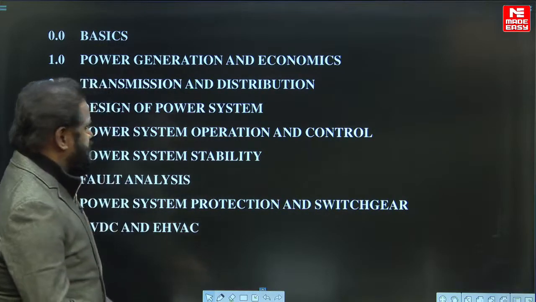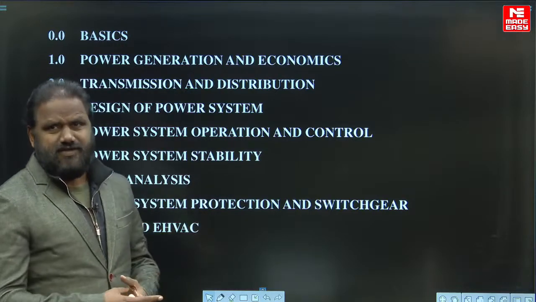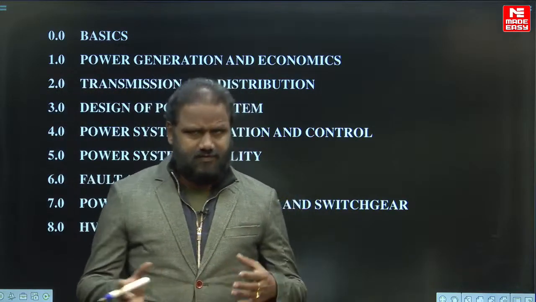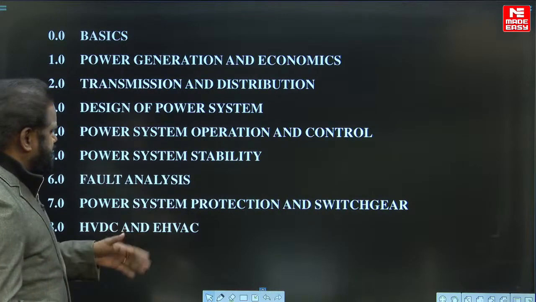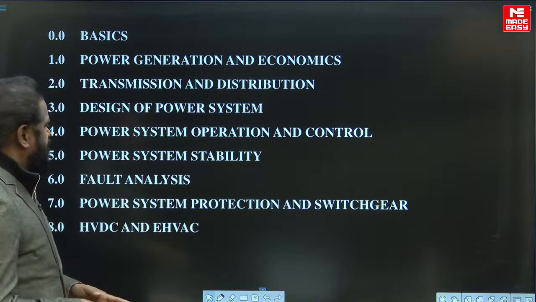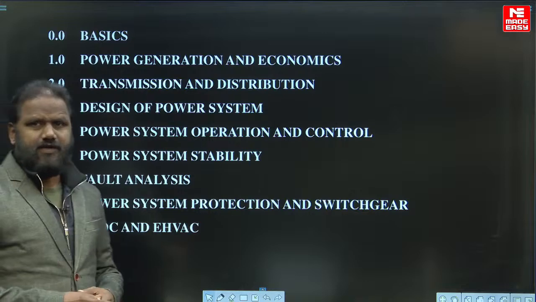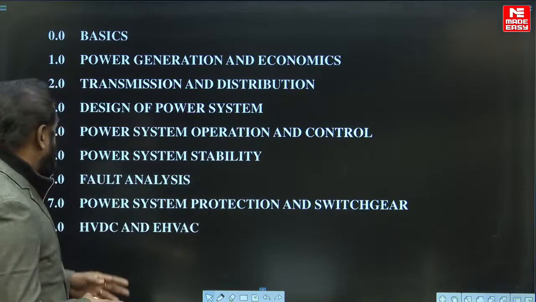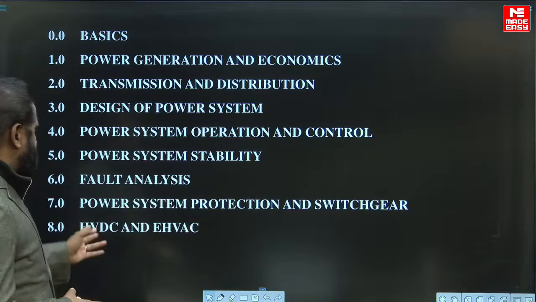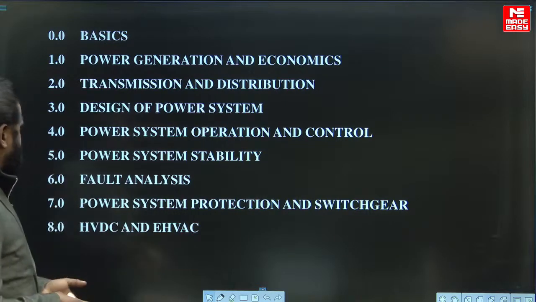Then power system operation and control. After the design is over, the next activity is the operation, and then the control. Then stable operation is required, and the fault analysis you make is to design the protection equipment. Then power system protection and switchgear, HVDC, HVAC. These are the modules that you can have.